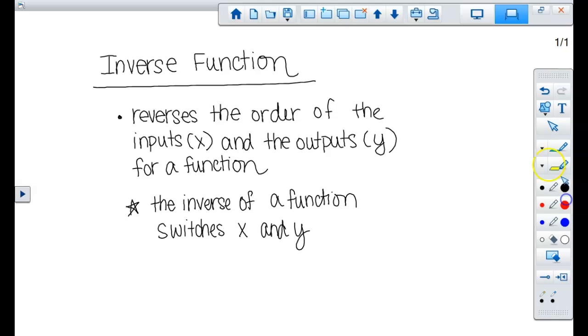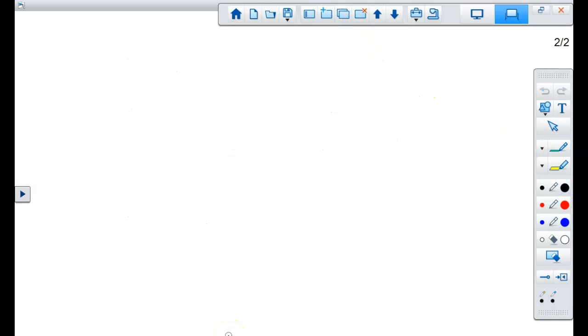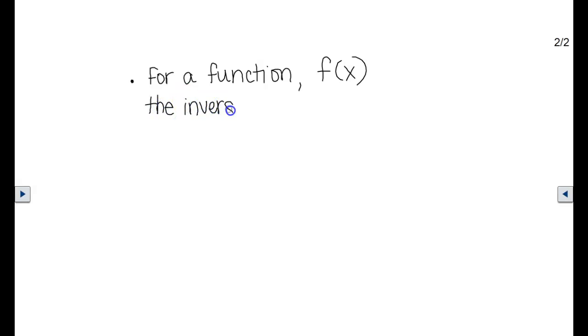Now, here's something else that we're going to need to know about this, and this has to do with the way we write things. For a function f of x, the inverse is written as f with a -1 exponent of x.